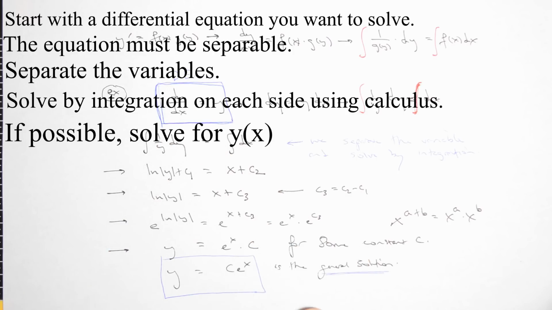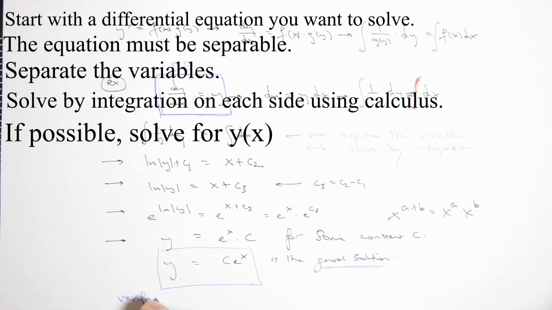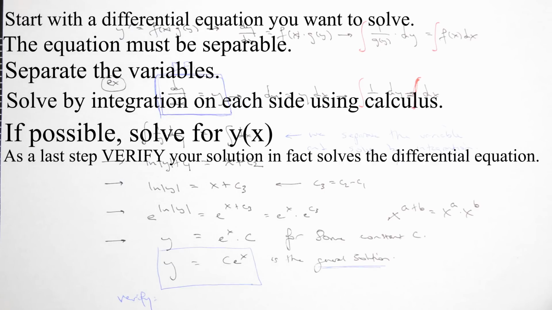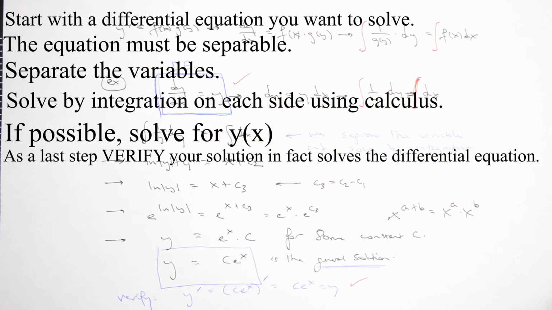This general solution should be a solution to this problem. We can, in fact, at this point verify that our solution is actually a solution to the original differential equation, since y' is the derivative of c e^x, which is c e^x, which equals y. And so we can verify that our general solution indeed solves this differential equation.